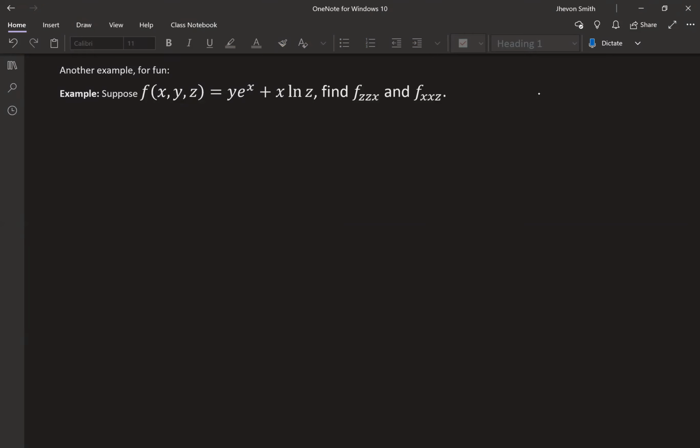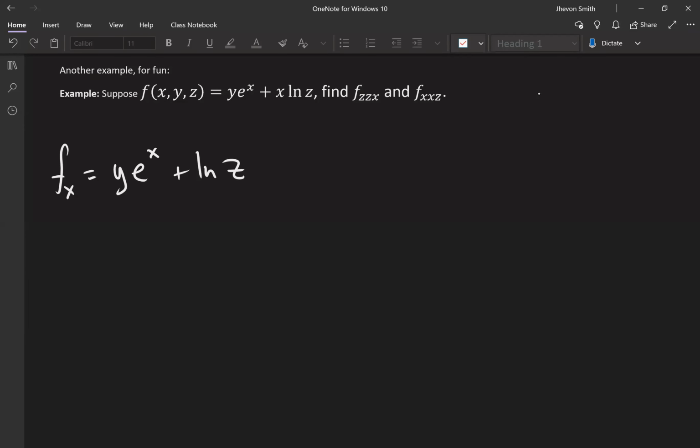Okay. f sub z z x. Well, take a look here. What do you have here? Well, if you were to think about the partial derivatives, in respect to x it would just be y e to the x power, and after that you would get plus ln z.